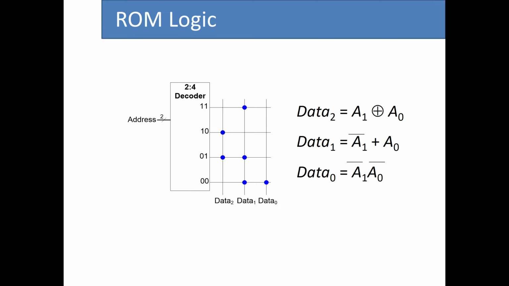Because of this property, we actually can use memory arrays to implement Boolean functions. If you remember, decoders were used to come up with all the possible minterms of a set of inputs, right?